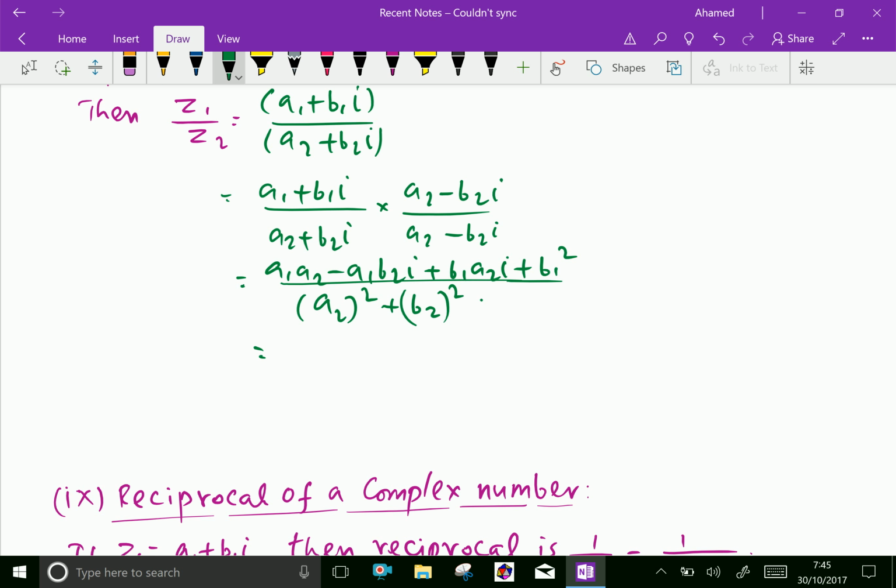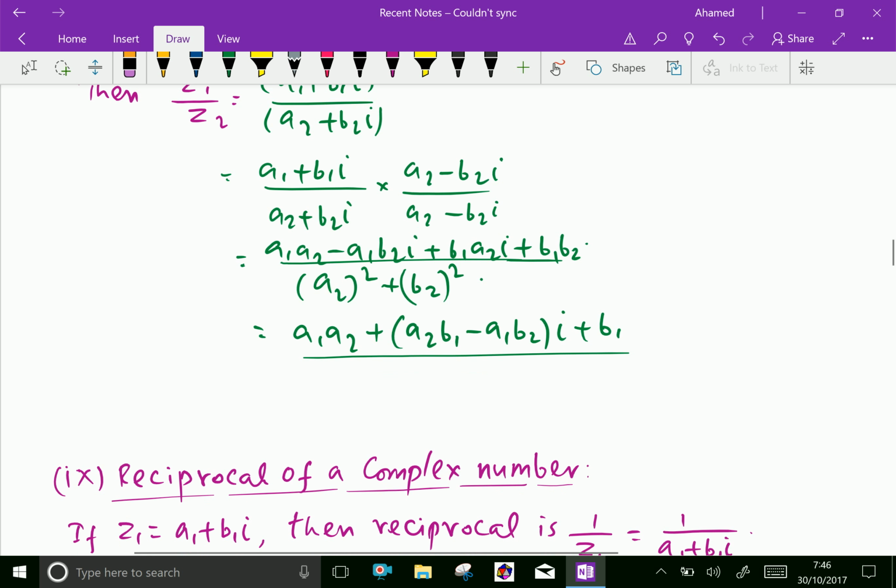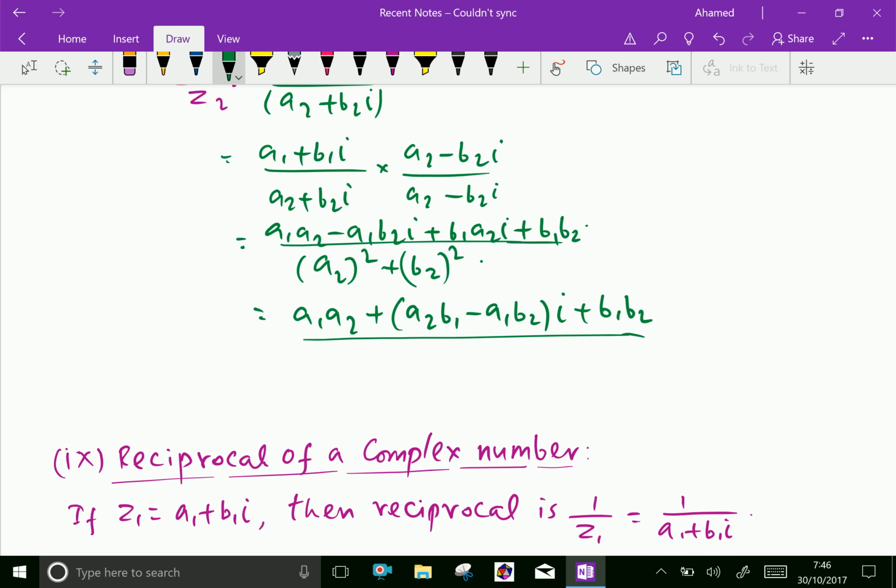Here we can write further a1 a2 plus b1 b2 plus a2 b1 minus a1 b2 i over a2 squared plus b2 squared.